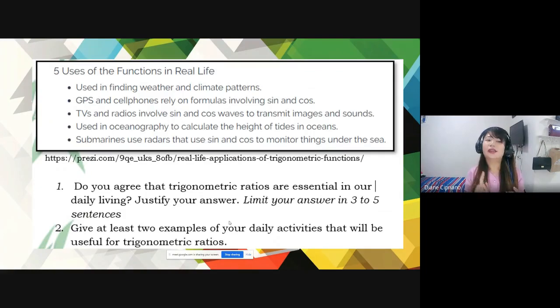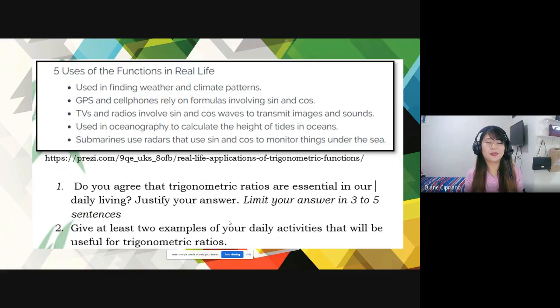Second, GPS and cell phones rely on formulas involving sines and cosines. Number 3, TVs and radios involve sine and cosine waves to transmit images and sounds. So let us just appreciate the uses of trigonometry in real life.